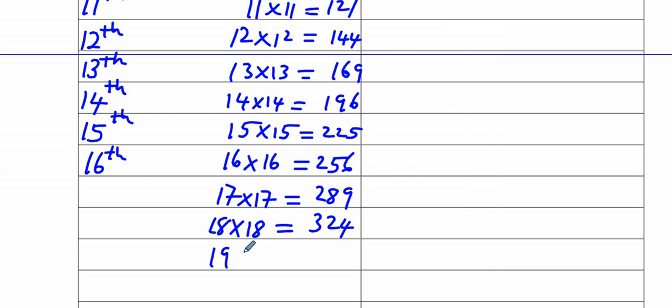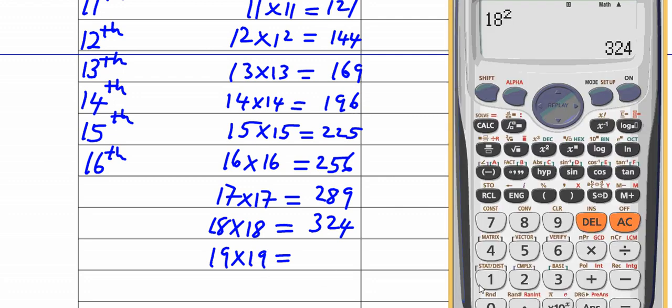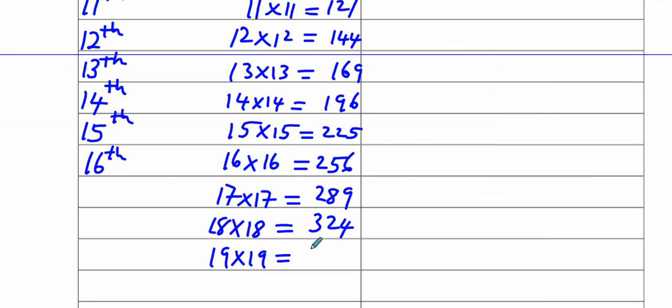18 square will give you 324, so we are correct. And 19 times 19 will give you somewhere around 361. Nope, let me check. 19 square. Oh, we are correct. 361. How about the 20th square number? It will be 20 times 20, which gives you 400.